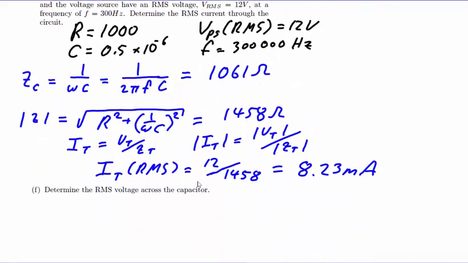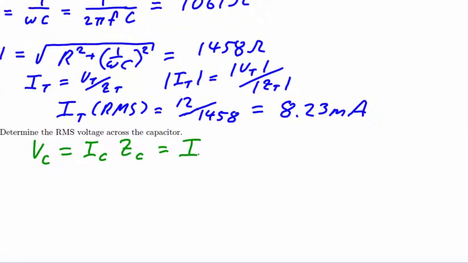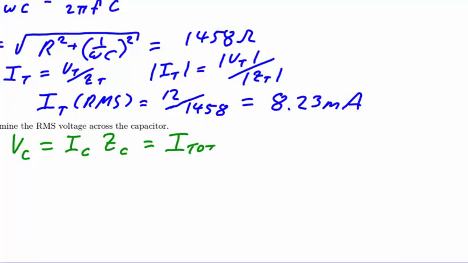In the next part of the problem, we are to determine the RMS voltage across the capacitor alone. In this case, we recognize that the voltage on any circuit element in an AC circuit is the current through that circuit element times the impedance of the circuit element. Because the resistor and the capacitor are in series, the current through the resistor is equal to the current through the capacitor and is also equal to the total current through the whole circuit. The previous equation implies a relationship among the magnitudes.